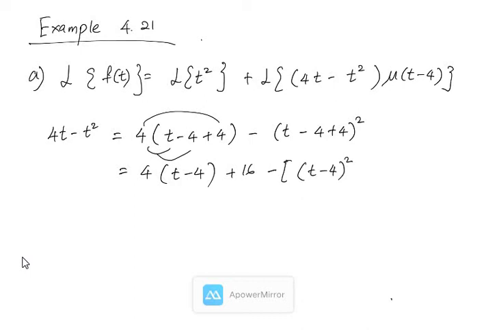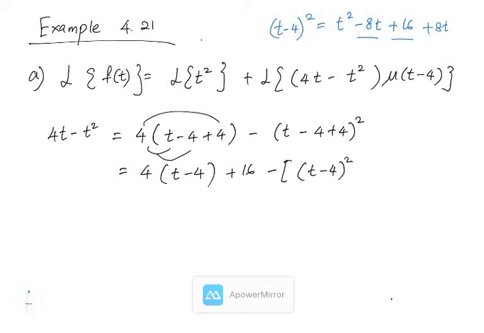But if you look at (t minus 4) squared, we have a different value. Okay, I write it here: (t minus 4) squared is actually equal to t squared minus 8t plus 16. But this minus 8t plus 16 is an extra. We don't need this one. So we need to add 8t to cancel out.